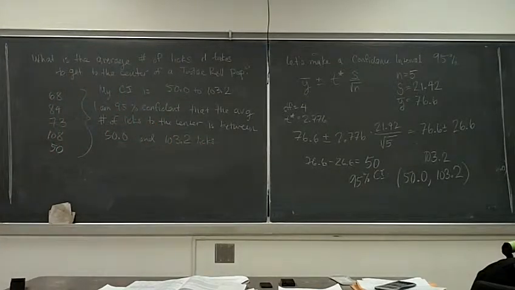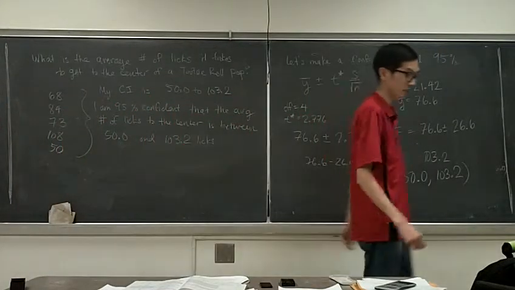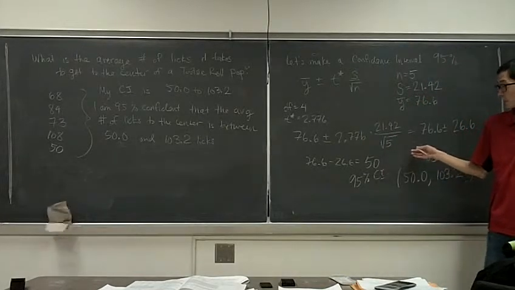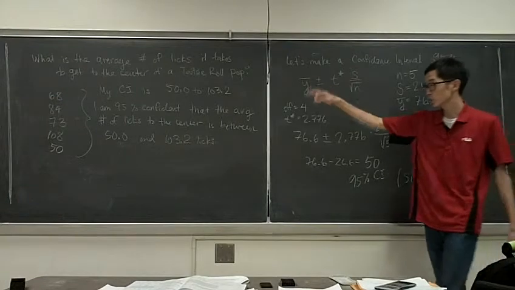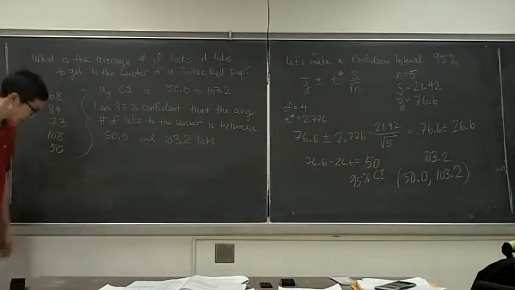Okay. So that's a very wide interval, and that's largely because we only have 5 data points, and also because the standard deviation between the different licks that we observed is quite large.